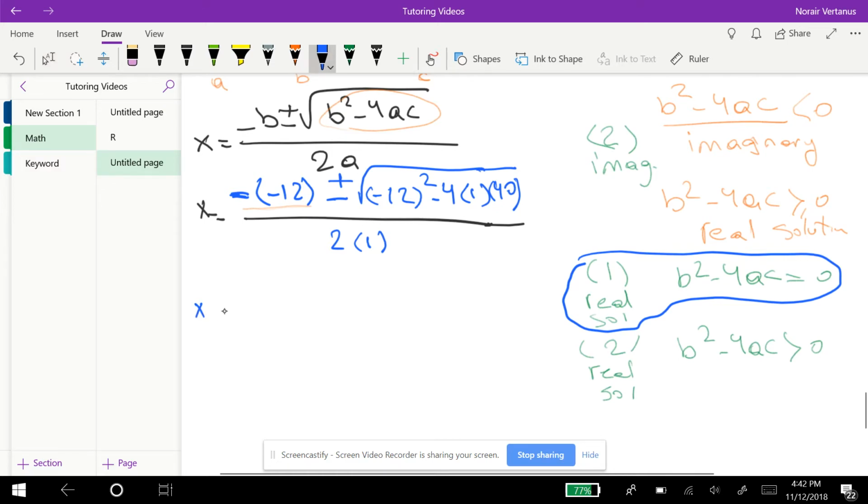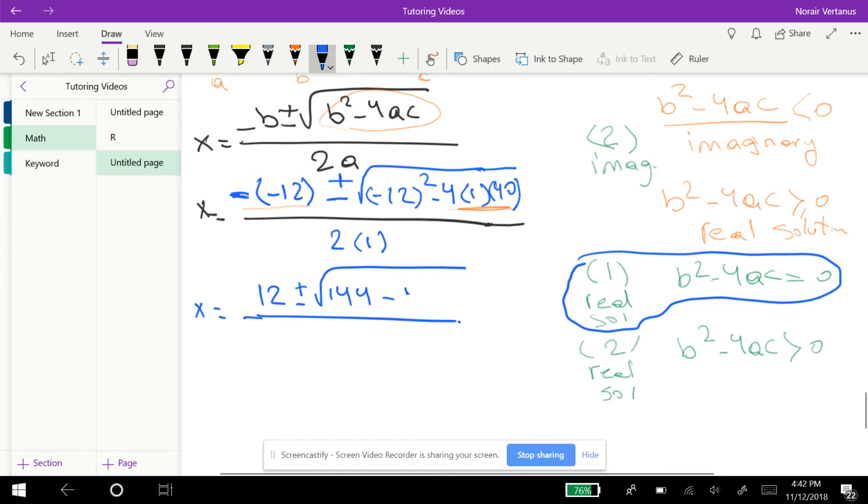So x is going to be equal to negative times negative 12, which is positive 12, plus minus the radical of negative 12 squared, which is 144, minus 4ac. 4 times 40 is 160, right?